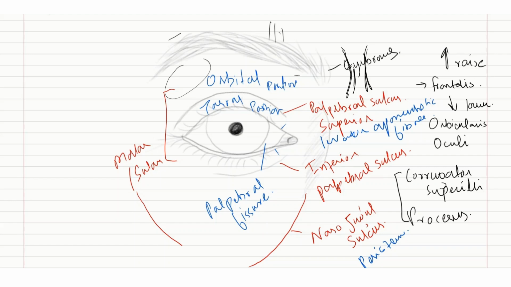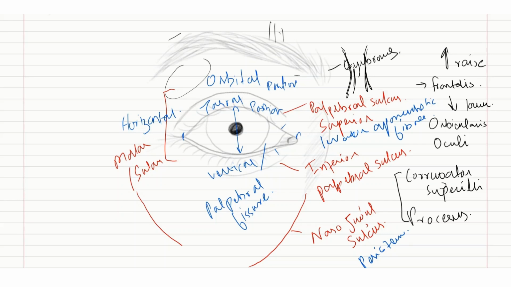If we are measuring the palpebral fissure from the upper to lower lid, this is called vertical palpebral fissure. And if we are measuring it from the lateral canthus to the medial canthus, this is called horizontal palpebral fissure.